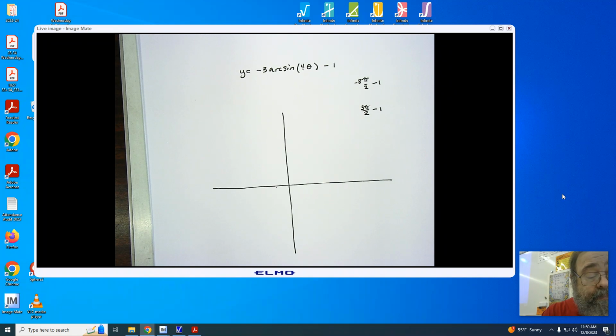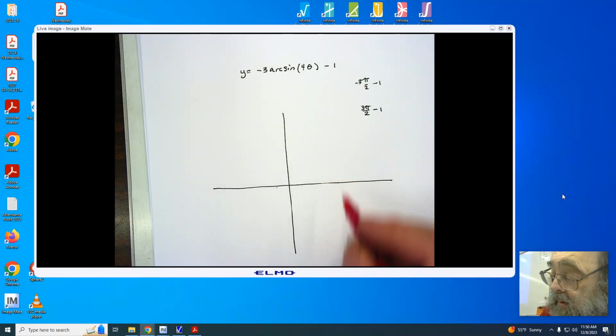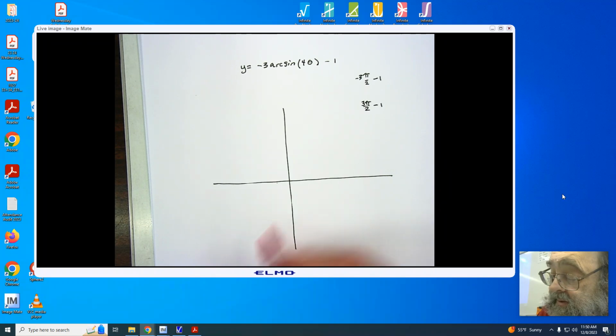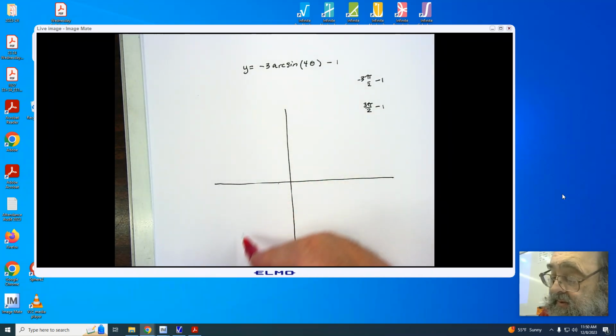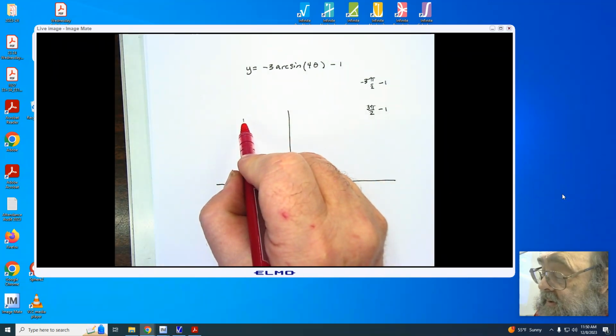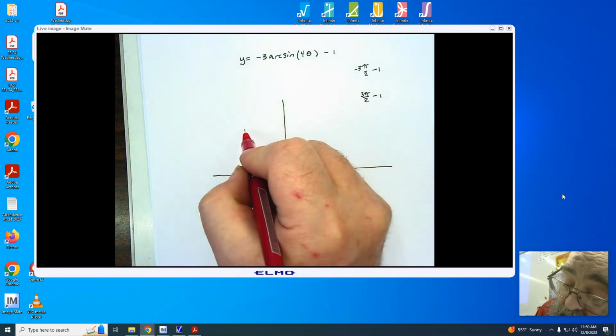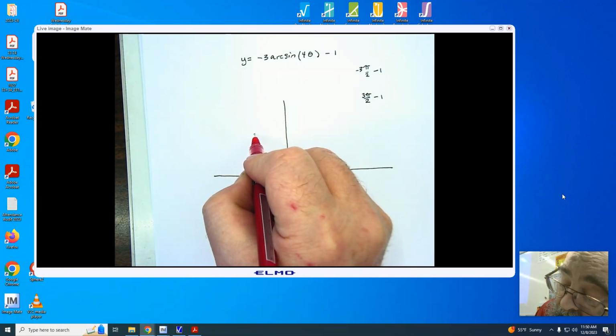Here we go. So let's just start off. We have our first value that we need to locate. Instead of having the graph going like this, it's reflected. So we're looking at negative pi over 2 minus 1 and 3 pi over 2 minus 1. So we're looking at about right here.